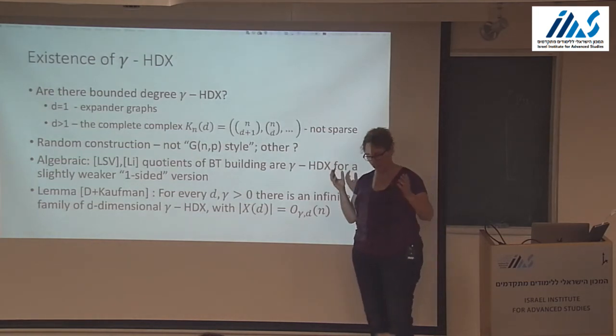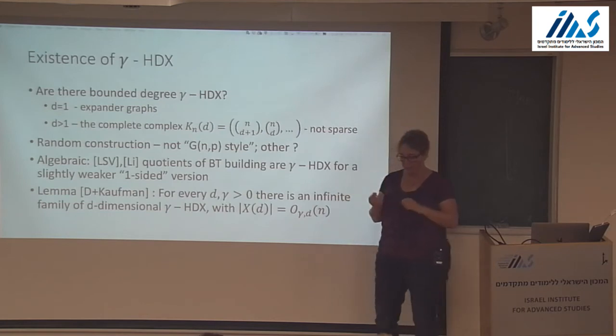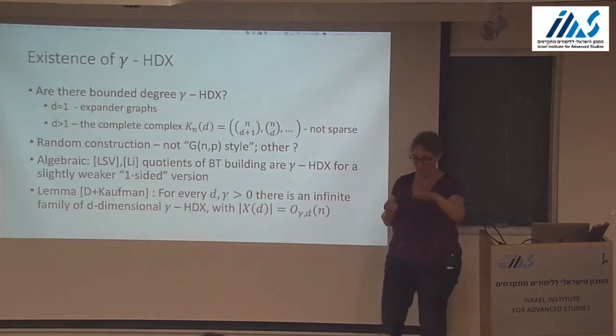Now, the link of every face in the building is partite, as I said. If you're in a d-dimensional building and you have a face of dimension i, then the link looks like (d minus i)-partite.